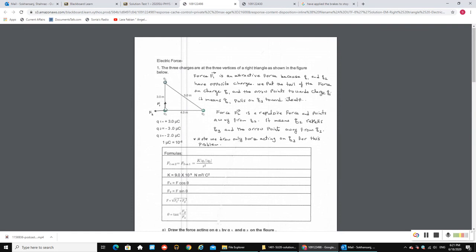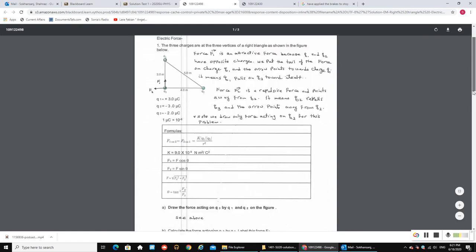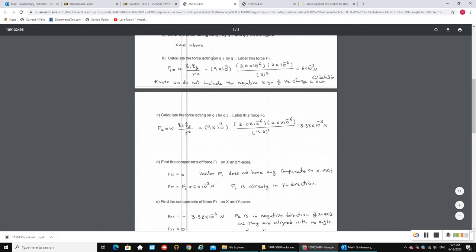Now pay attention. Q3 is negative, but we do not put signs in our formula. This sign we already use in the direction of these vectors. So we do not need to put the sign of the charge in the formula. Here we calculate this, and this is the answer in newtons.